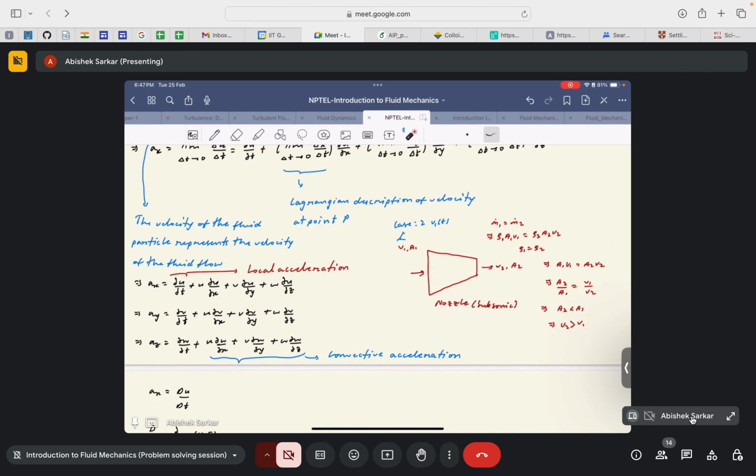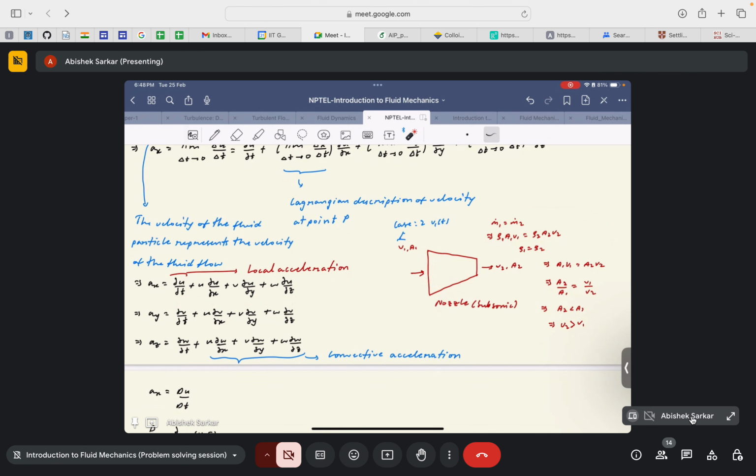So the acceleration is now caused by both the temporal change of velocity and the convective or spatial change of velocity. Both of these now contribute to the net acceleration of the fluid particles.